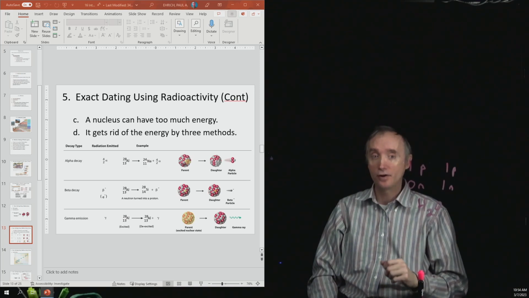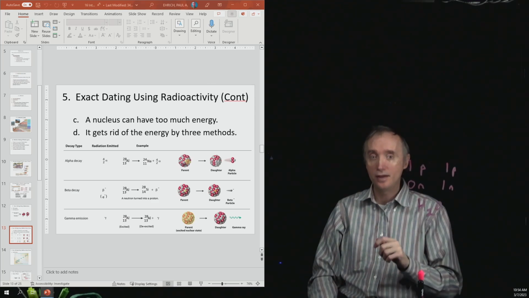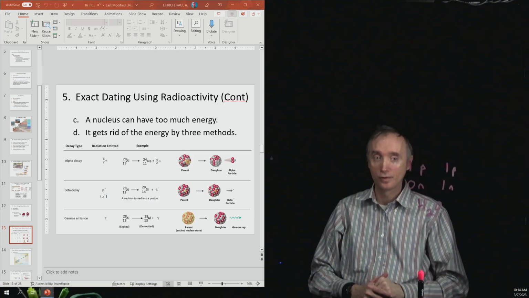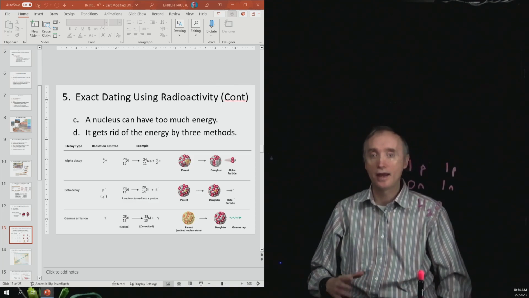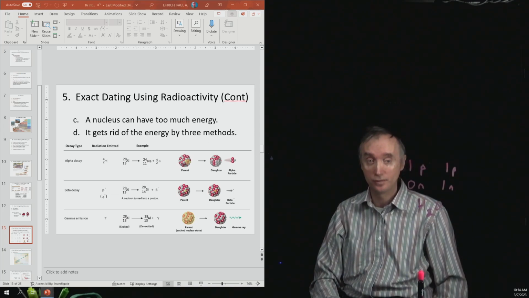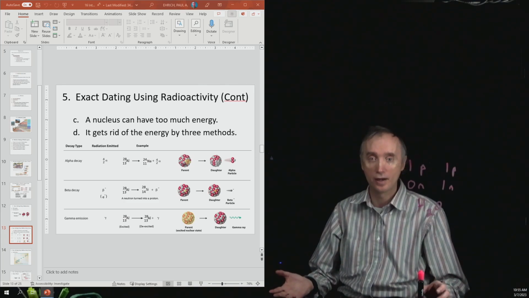Very similarly, if a nucleus has too many neutrons, then it also is going to be unstable. So how can a nucleus get rid of excess energy? Well, one method is just to give off a gamma ray.